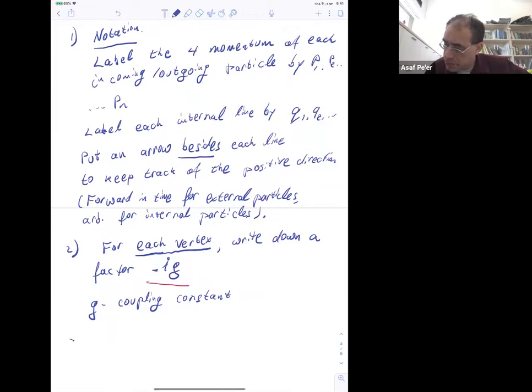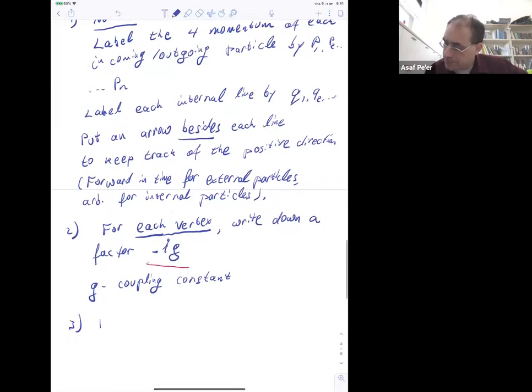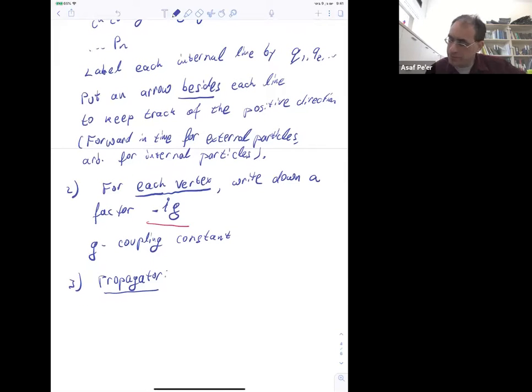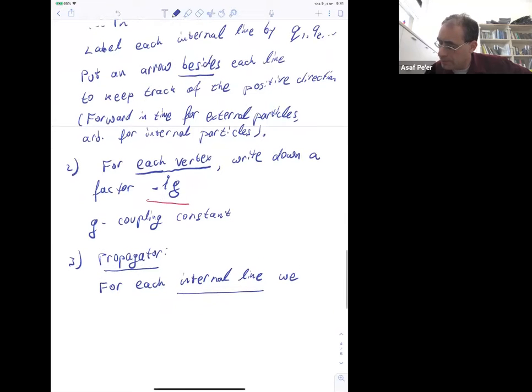Rule number 3 is the propagator. For each internal line, but just for the internal lines, we write down a factor of i divided by Qj squared minus Mj squared.